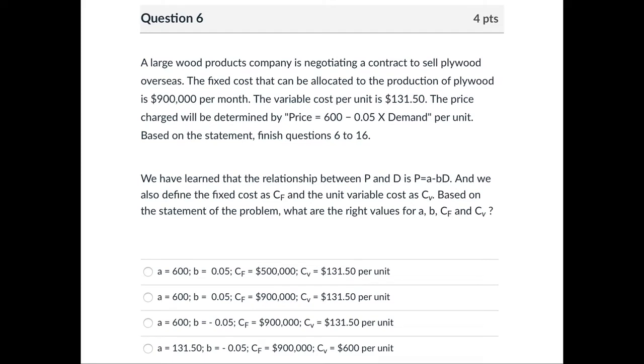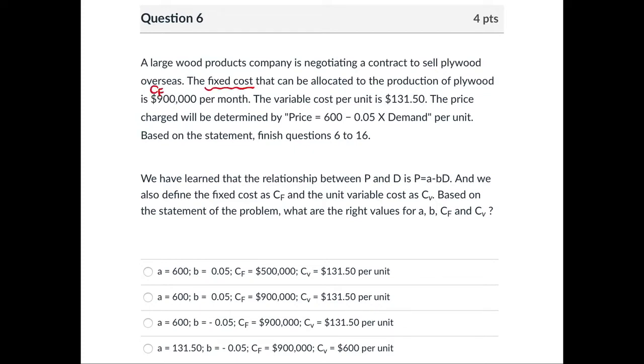All right, now it's all about the calculation problems. The first one is to use the relationship between P and D, price and demand, to calculate a bunch of useful concepts. Okay, so let's read through this statement. A large wood products company is negotiating a contract to sell plywood overseas. The fixed cost that can be allocated to the production of plywood is 900,000 per month.